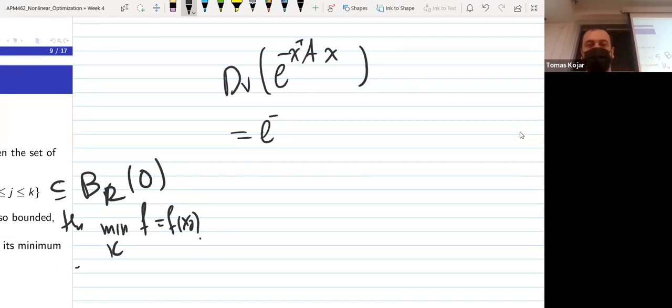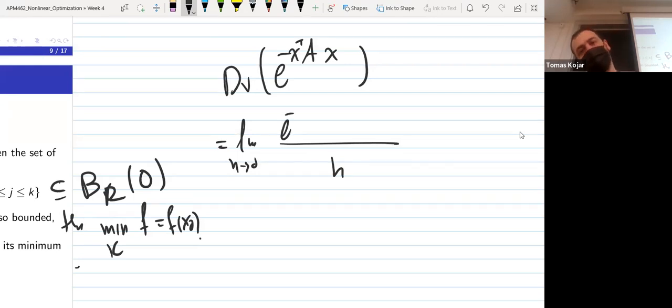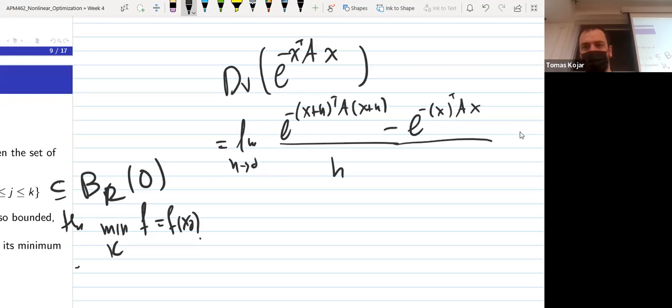Let me see. So this is the limit as h goes to 0, and then you have x plus h. Let's see, does this help you?